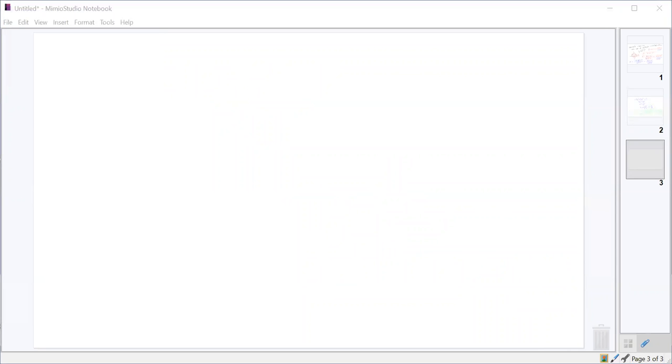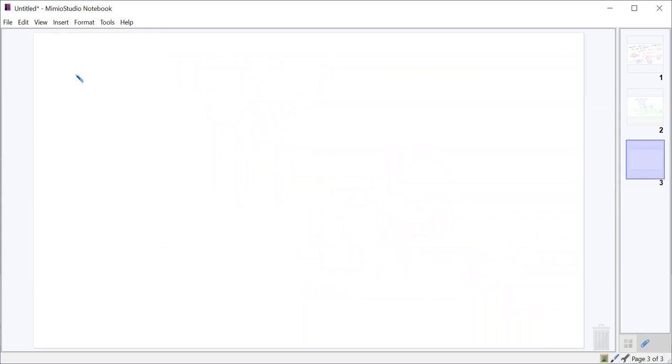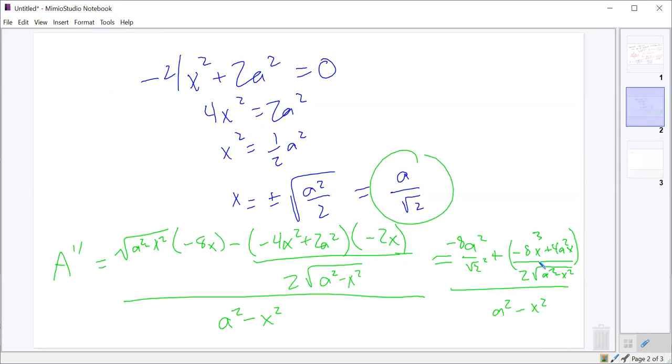So let's see here. So we have negative 8a squared over 2, or negative 4a squared. And then we've got, let's see, if I cancel out the 2 here with these, that's a negative 4x cubed, and then that'll be a cubed over 2 root 2. So if I plug in x cubed, I have negative 4a cubed over 2 root 2.